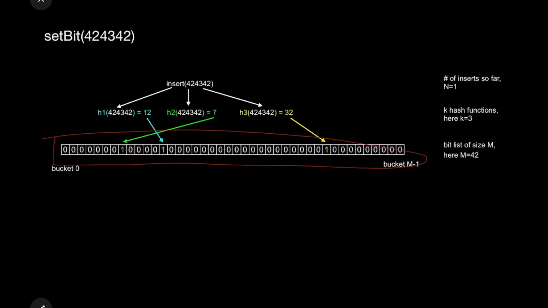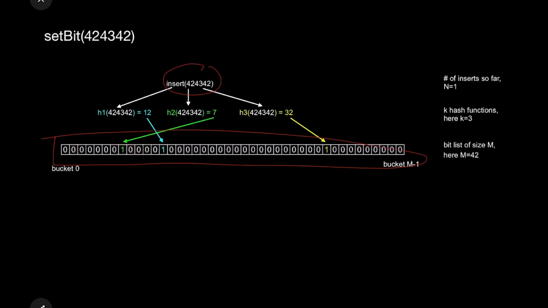So when I say insert here, I'm not actually inserting the value, or the key in this case. So the key 42, this integer, is not actually stored in the Bloom filter. It's just marked. The Bloom filter records that it might have been marked here.